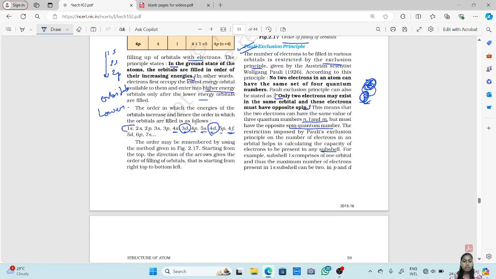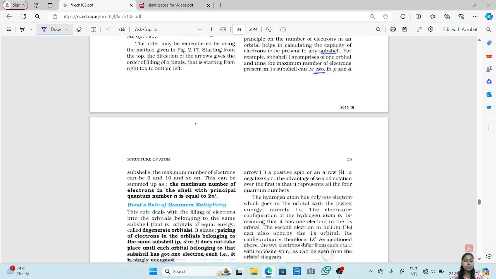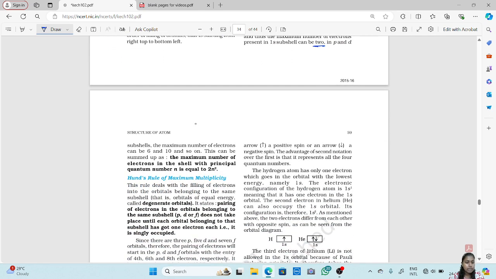For example, subshell 1s. 1s comprises one orbital, and thus the maximum number of electrons in the 1s subshell is 2. In p and d subshells, the maximum number of electrons is 6 and 10.